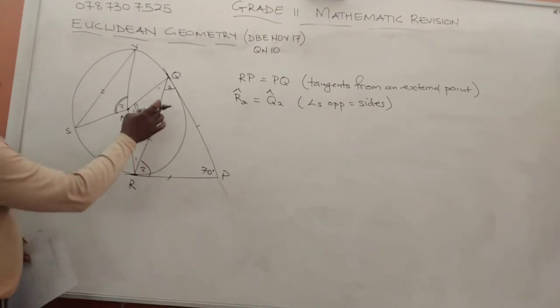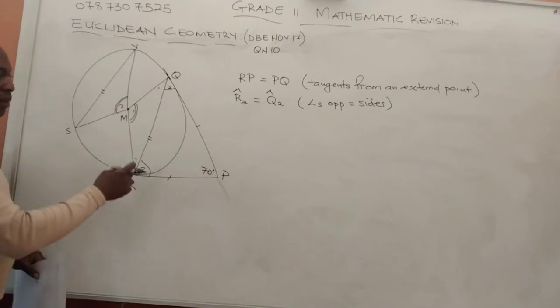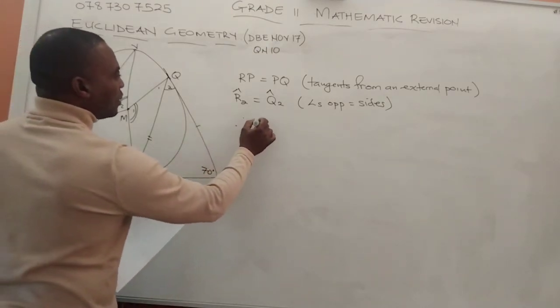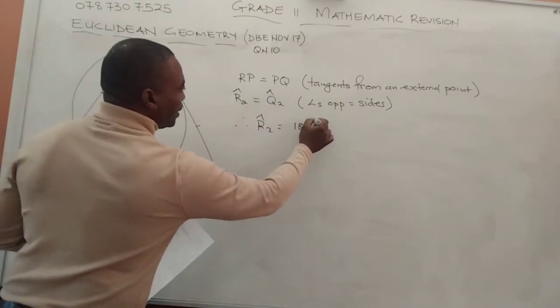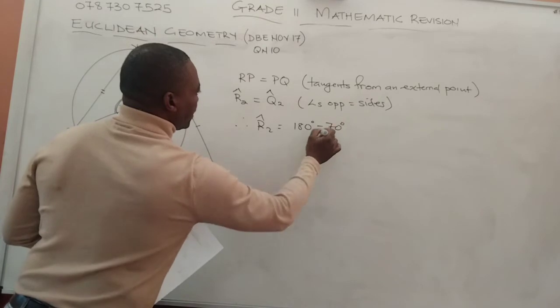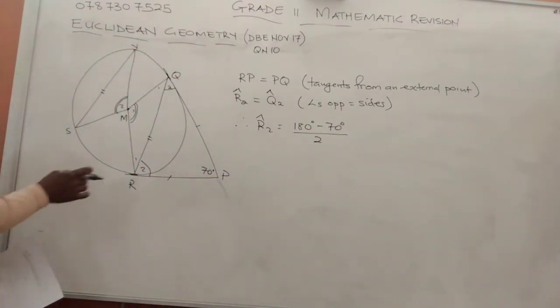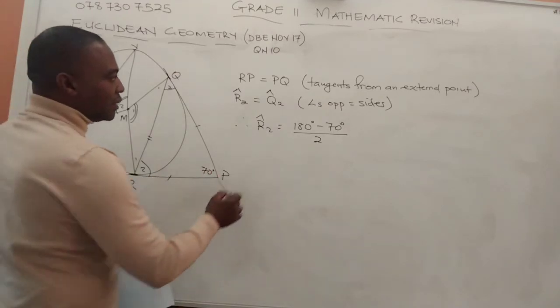So if this one is equal to this one, that means we can use the third angle to find the size of angle R2. So we're saying therefore angle R2 will be equal to 180 degrees minus 70 degrees. The difference we divide by 2, because these are sharing the spoils that are left from 180.